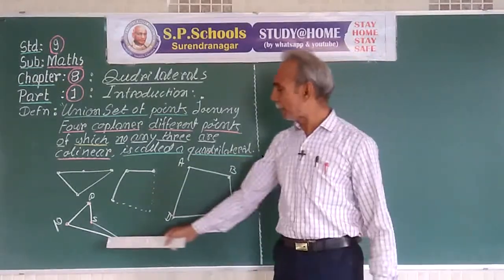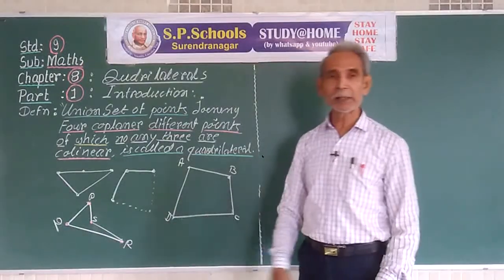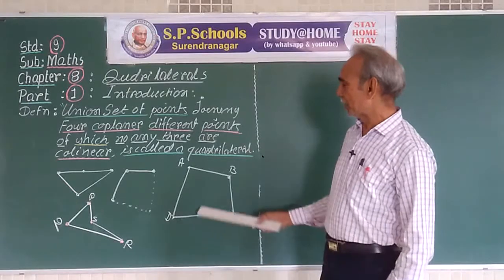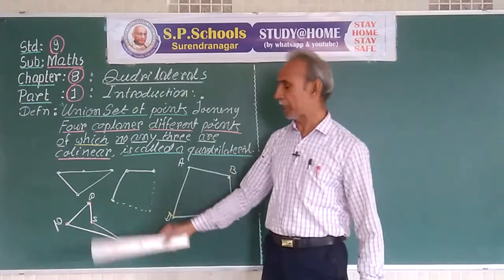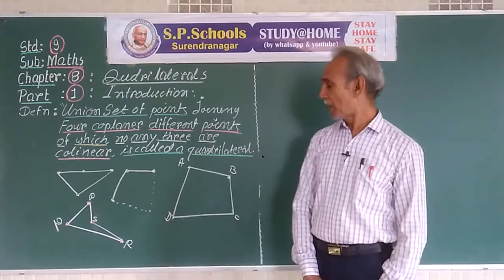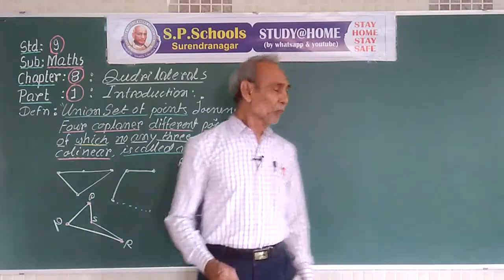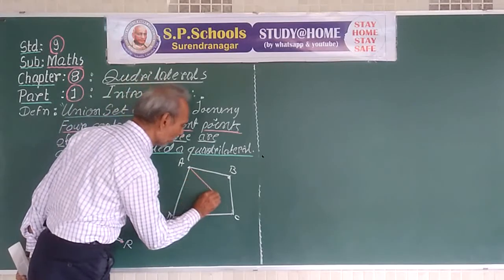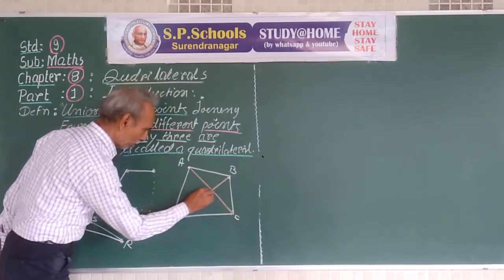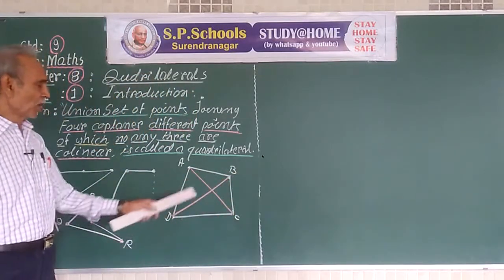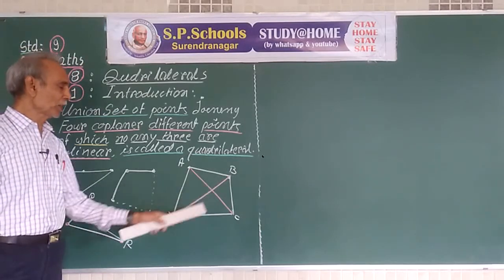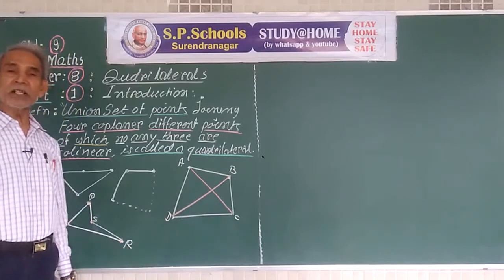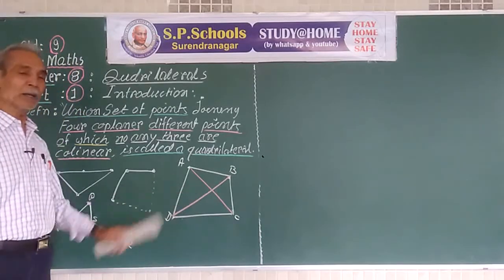But can you mark the difference between these two figures? Yes. This figure is different from this figure. Here you join the opposite vertices. Both these line segments, except the endpoints, lie in the interior of the quadrilateral.